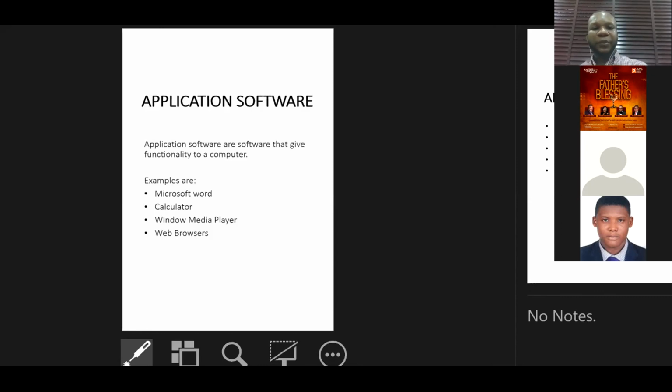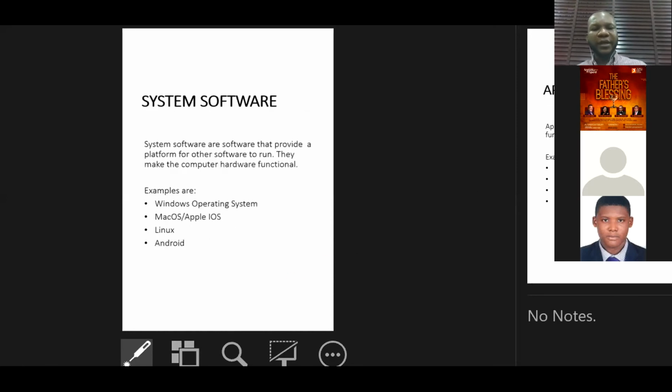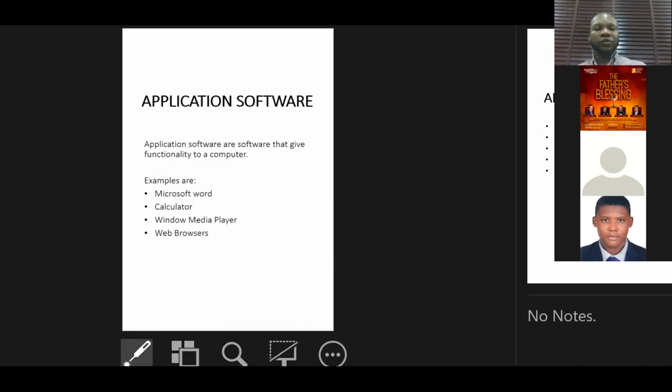So at this point, I think it's a good place to end this class. Tomorrow, we're going to be looking at the categories of web application softwares, because we're going higher. We're going to be dissecting application softwares and seeing the categories. By the time we've looked at the categories, we will be able to determine, between the two categories of software, system software and application software, which one is more reasonable to specialize in.